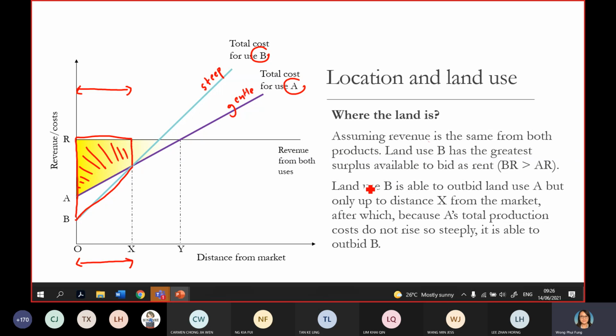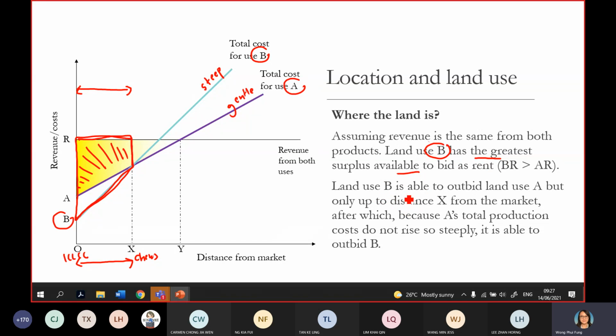So that means between KLCC and, let's say, Cheras, land use B obtains more surplus as compared to land use A. Correct or not? Because B has more surplus, a bigger area. So that is what we mean by B having the greatest surplus available.